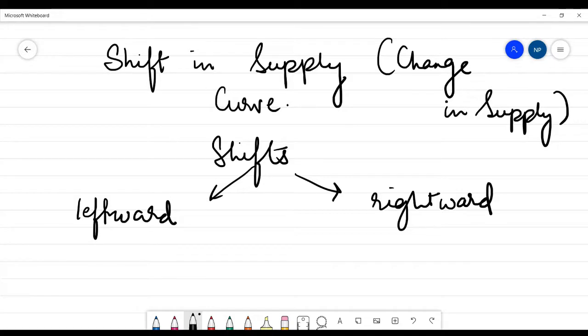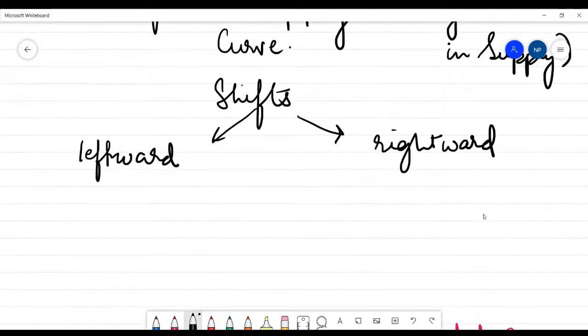Leftward shift means when fall in supply is denoted at the same price of any commodity, the curve shifts to the left side. Suppose for example, this is our particular graph of X and Y. Here we have the price and here we have the quantity.